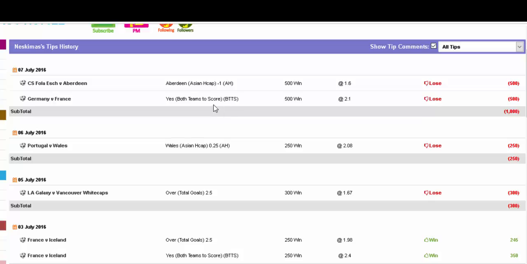Looking back, I would still do the 500 for the Germany-France, both teams to score. Just because the feeling had been that Germany were going to win. They were favourites.